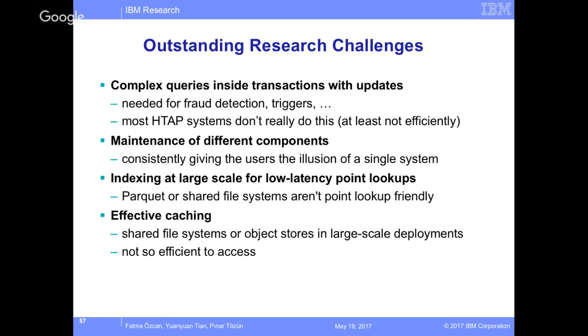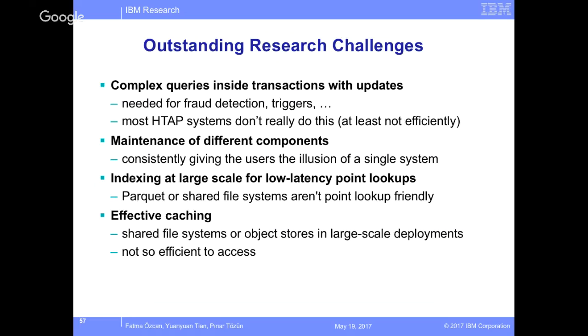Whereas all these systems have a transaction-optimized part and a query-optimized part, and queries have the ability to access almost the latest data, but they are not optimized for running queries in a transaction. So that part is still a challenge, and that's not really solved yet.